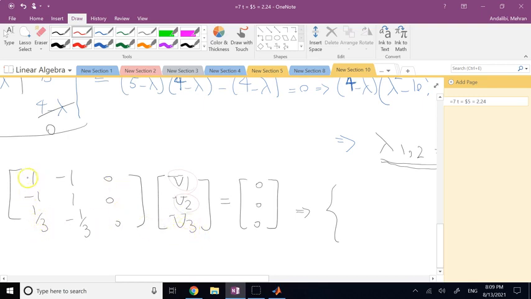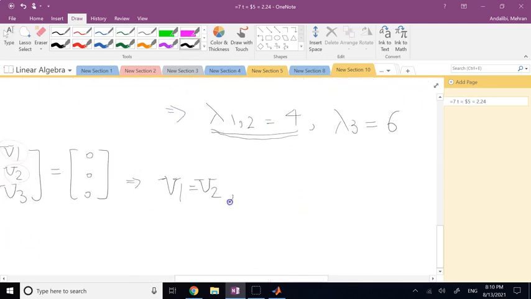And if you look at the ratio here between this one and this one, that's a -1, this is a -1, this is a -1. So all you will get out of all these 3 equations is only one equation, and that equation is V1 equals V2, or V1 minus V2 equals 0. And what about V3? V3 is arbitrary. There is no constraint on it.